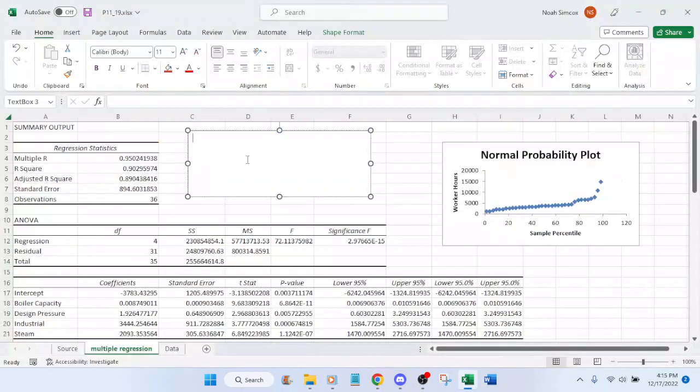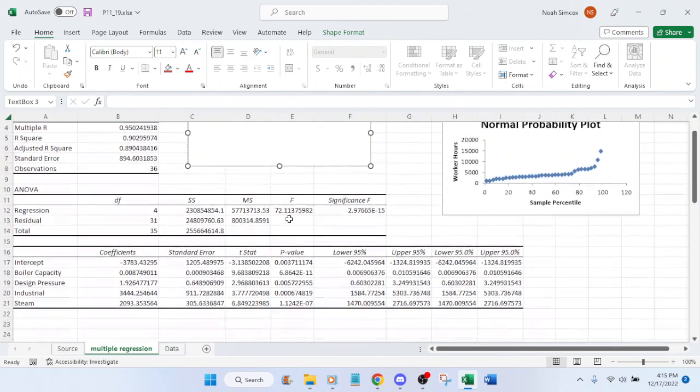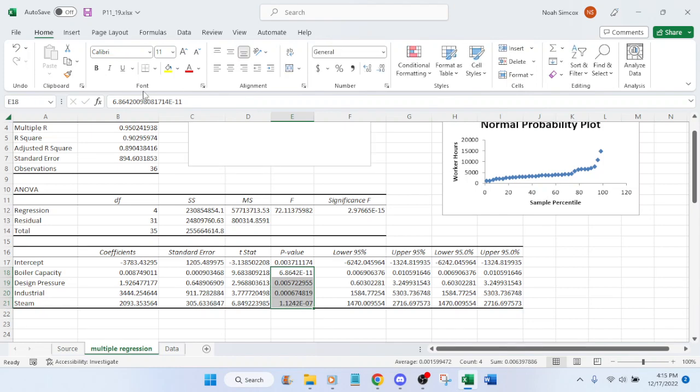Include all variables because p values are less than 0.05. Boiler capacity, all those.